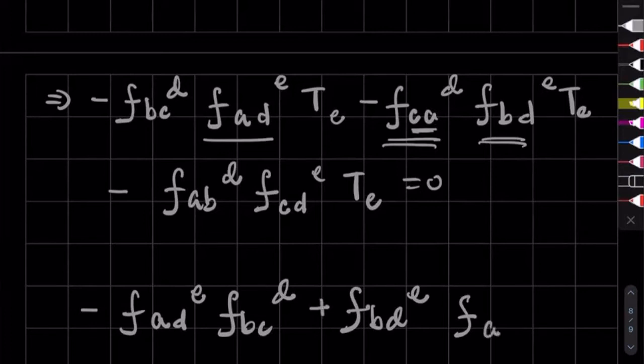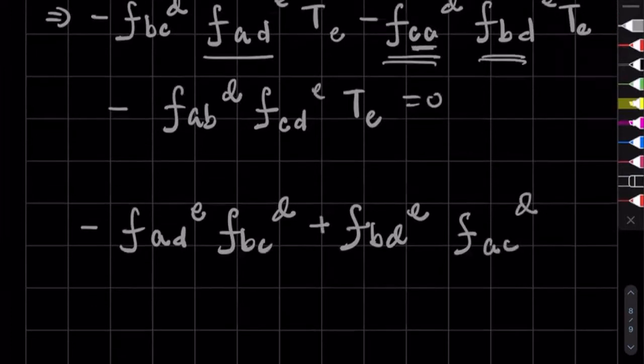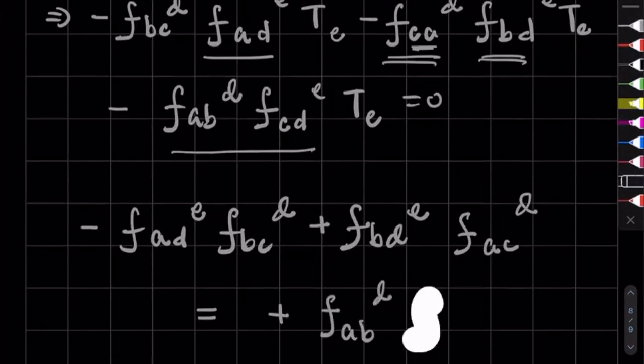So I get f_ACD. And then what I do is that I can take this thing to the other side. So I get a plus f_ABD, and then let me write f, instead of CD, as DC. If I do that, then I have to change the sign to a minus sign.